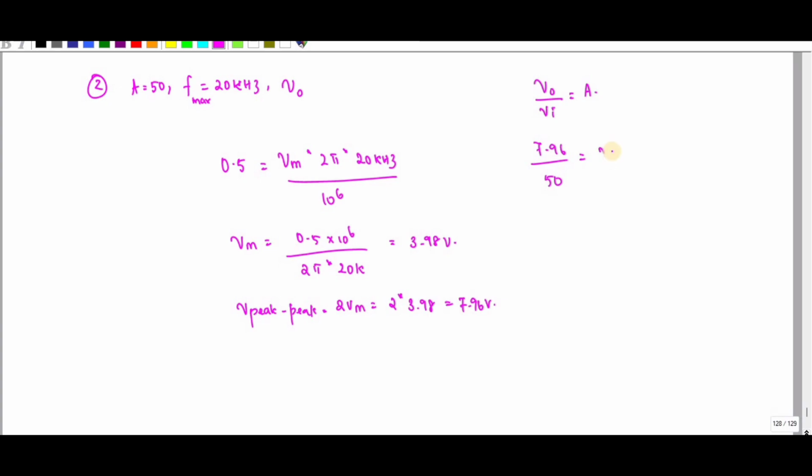So what is my Vi value? Vi is 159 microvolt, that is the peak to peak value. If my input signal is greater than this value, there will be a possibility of distortion. So the slew rate limiting depends on both the frequency and amplitude. It often increases with the closed loop gain and power supply voltage.